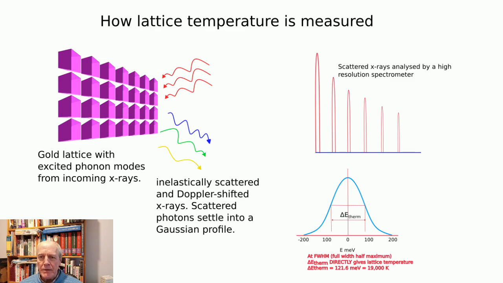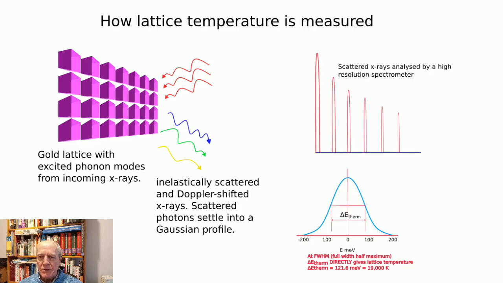So, as can be seen under the graph, the delta E is about 121 milli-electron volts, and this correlates to 19,000 degrees Kelvin.